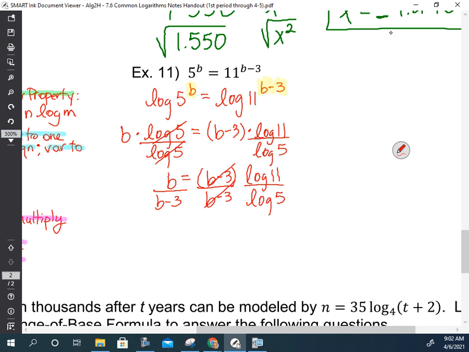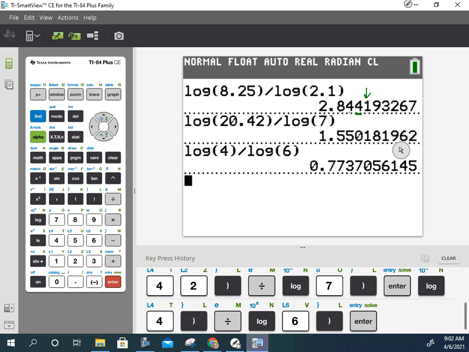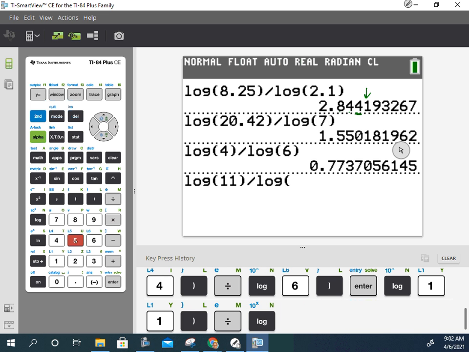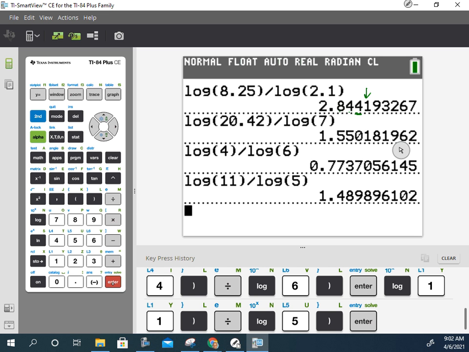That gives you b over b minus 3 equals log 11 over log of 5. That can go in the calculator. That's just a number. Log 11 over log 5 is 1.4898, about 1.490.